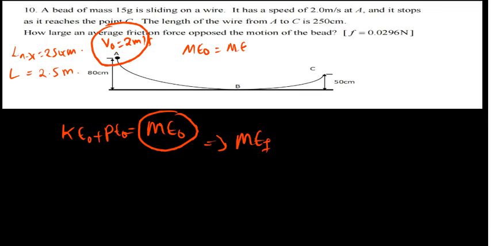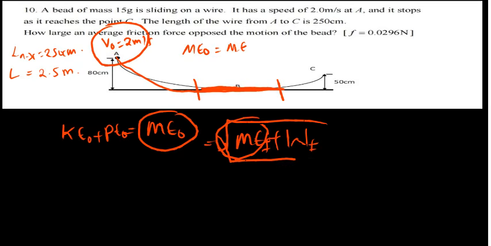The moment this bead starts traveling until it reaches there, from this point up to that point, it's going to experience friction. Therefore, because of this friction, the mechanical energy is going to be reduced. Meaning if I add the final mechanical energy and the work done by the friction force, it is going to be equal to the initial mechanical energy. That is what we need to understand.